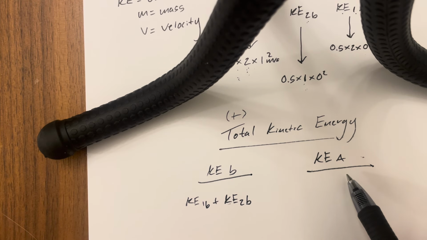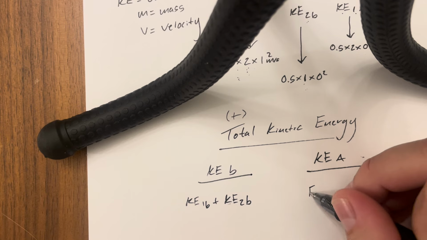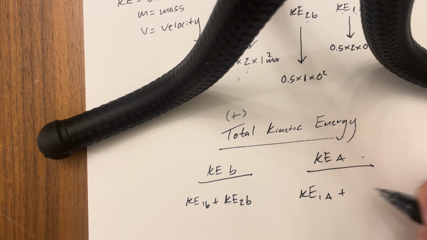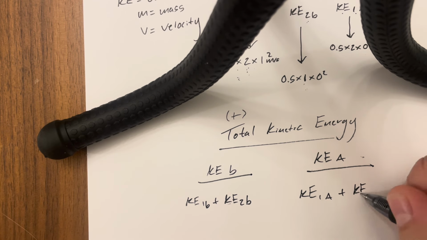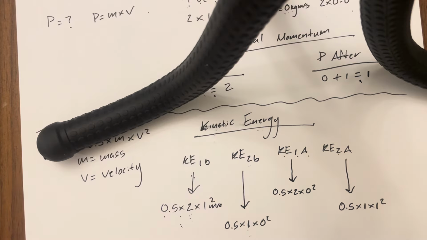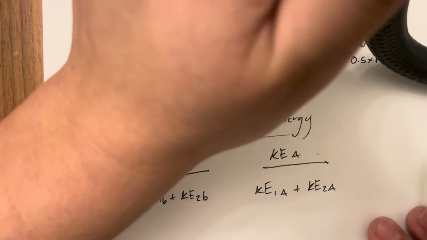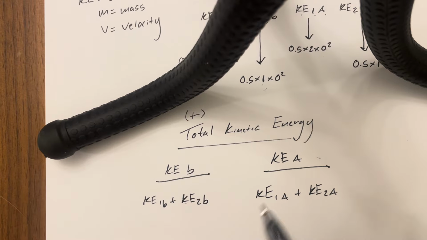And then for after, you're going to add your KE1 after plus KE2 after. Where do I get these numbers? Well, if you did this step right here, you'll have the answer here, the answer here. For before, you'll add these two numbers. And then for after, you'll have your answer here, your answer here. You'll add these two numbers to get your total kinetic energy.